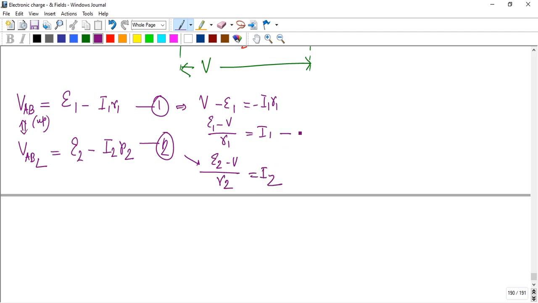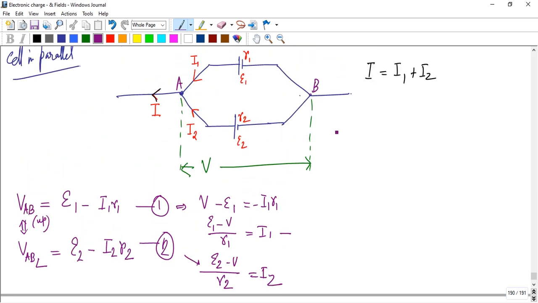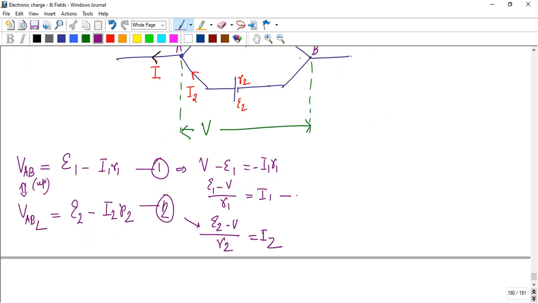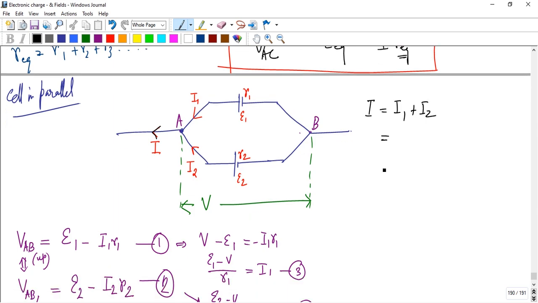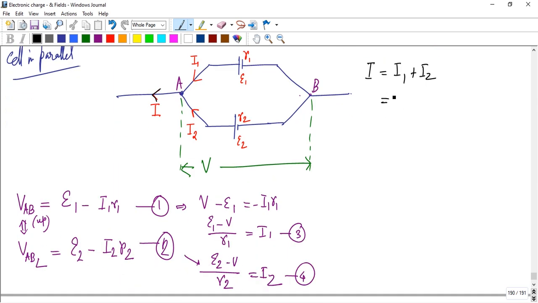Now these are the equations, let me number them 3 and 4. Putting 3 and 4 here, we get the final expression: I equals (epsilon 1 minus V) by R1 plus (epsilon 2, that is actually EMF, minus V) by R2.